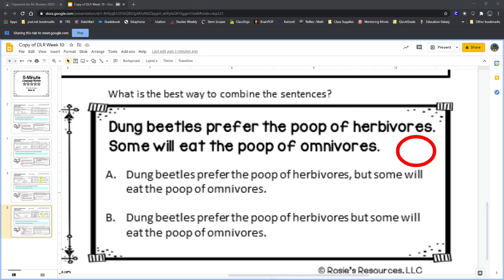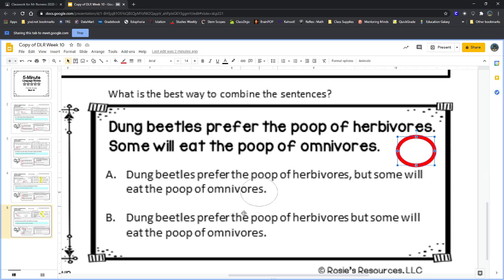Which one should I pick, Messiah? A or B? Okay, B. If I look at these two, there's one difference. It's a very small difference, but a very important one.